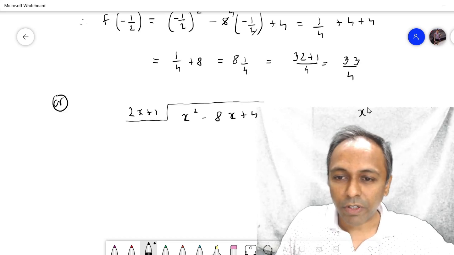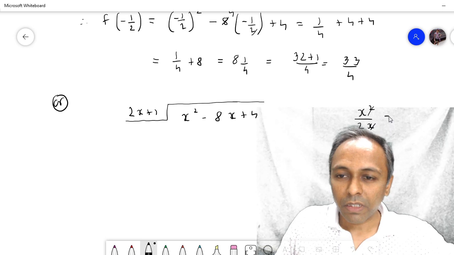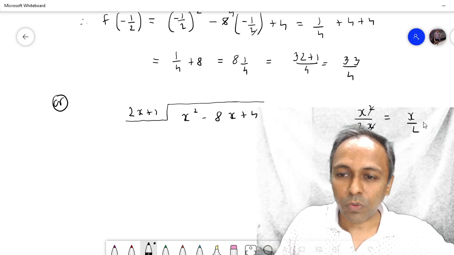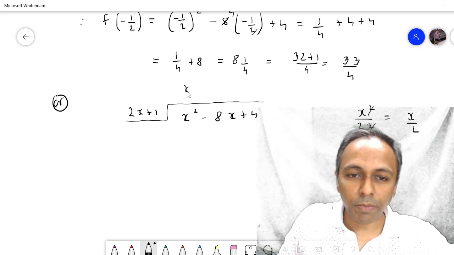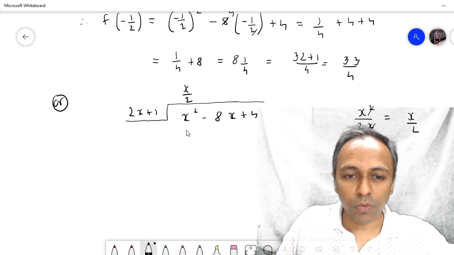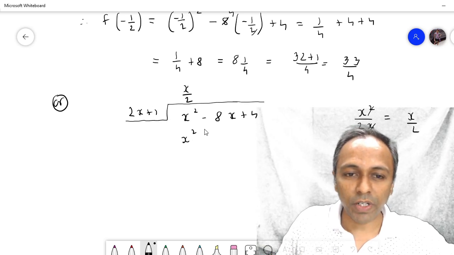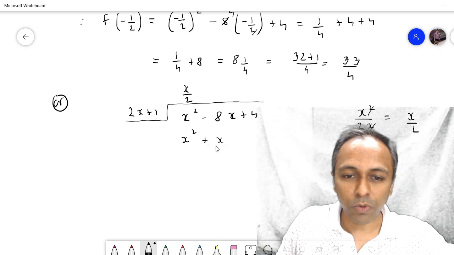We divide x square by 2x mentally, so we get x upon 2. In your quotient place, you will put x upon 2. Now multiply 2x plus 1 with x upon 2.